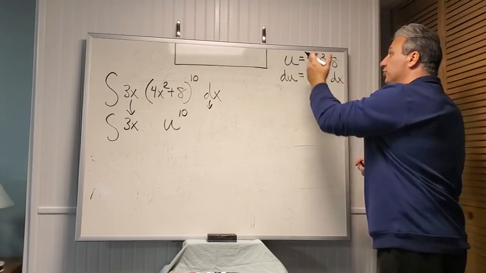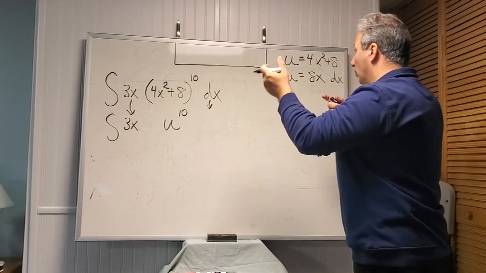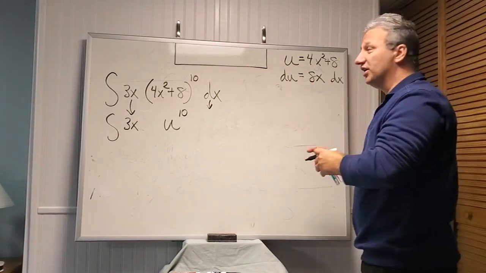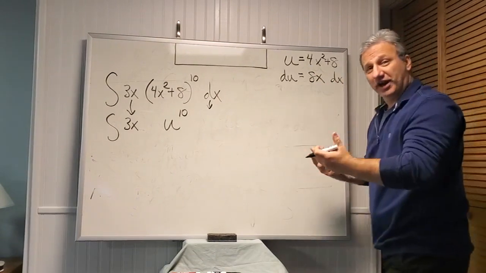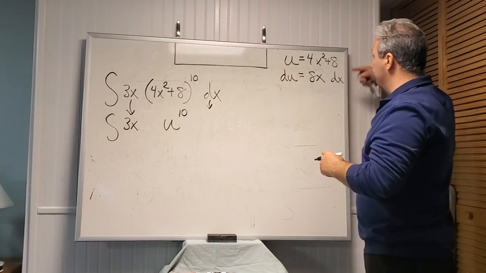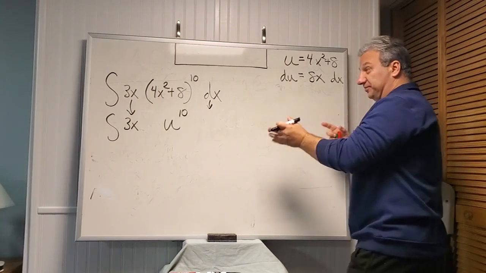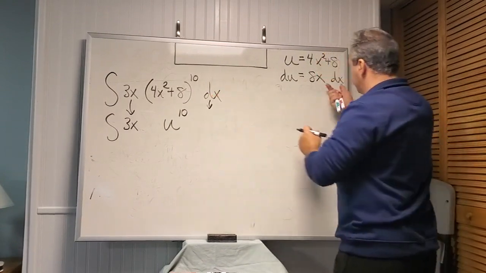So again, the derivative of u would be u prime, that is du dx. The derivative of the right-hand side would be 8x. I multiply the dx over and I get this expression. In shorthand, the derivative of u is du, and the derivative of this side is with respect to x, and that's why the dx. All right, notice, I need to know what dx is equal to. Well, look at that, dx.